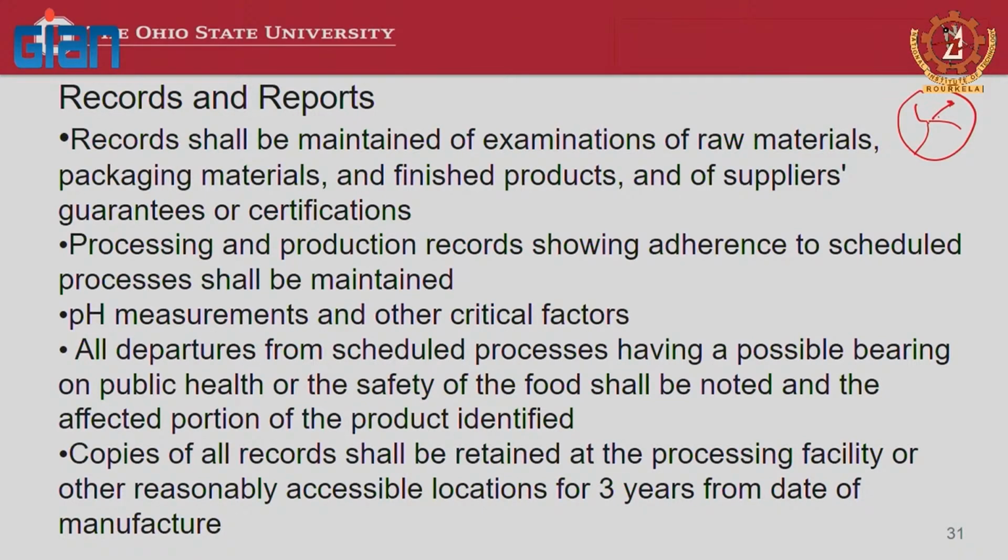One of the ways the food processor can protect themselves is to produce the chart recorder from that particular batch and prove to the court or the regulatory authorities that I delivered proper time and temperature. So, when the can left my processing plant, it was properly processed.